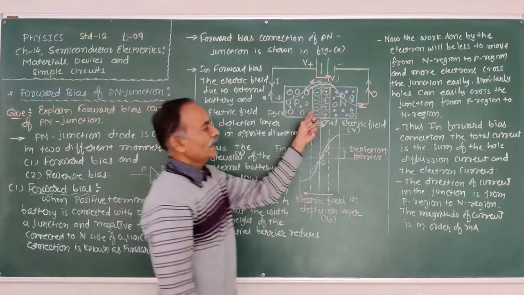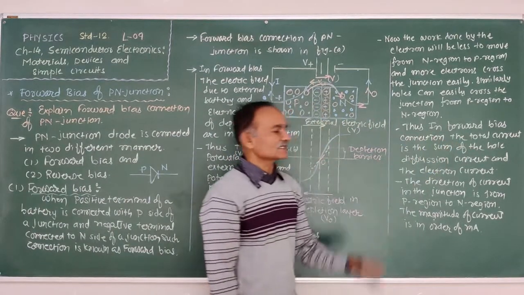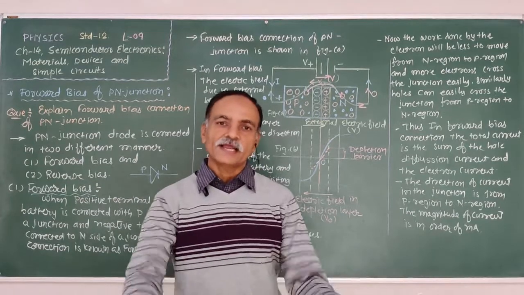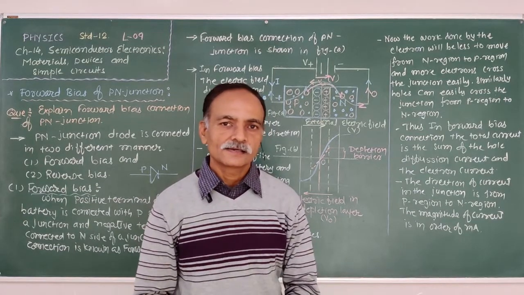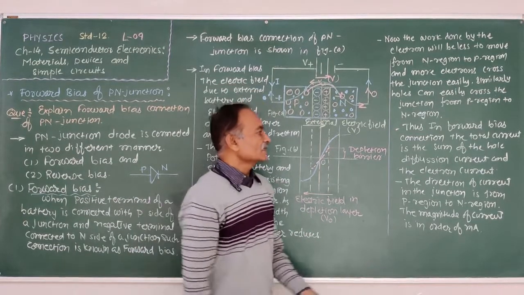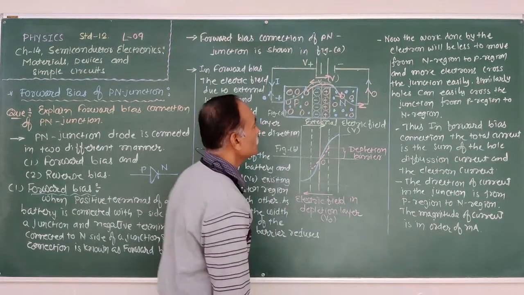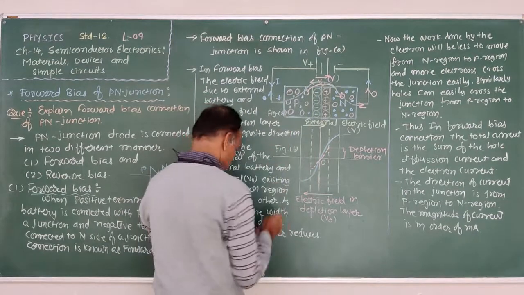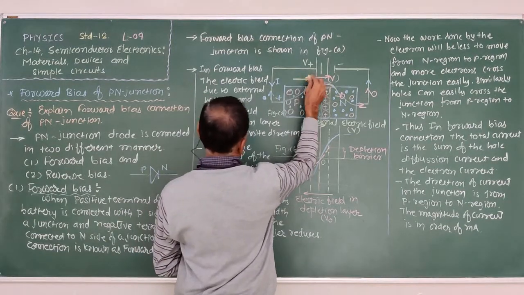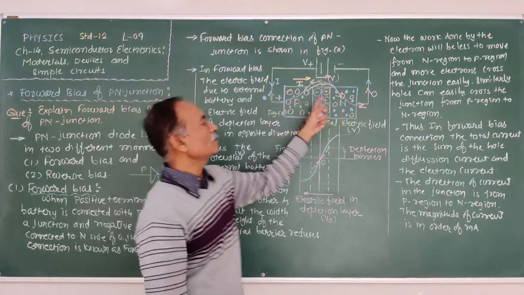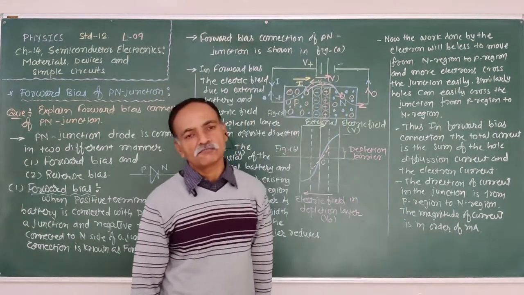Therefore, the total current in forward bias connection is the sum of hole diffusion current and electron current. Right? Okay. The direction of current in the junction is from P to N, in this direction I, from P to N during the forward bias.